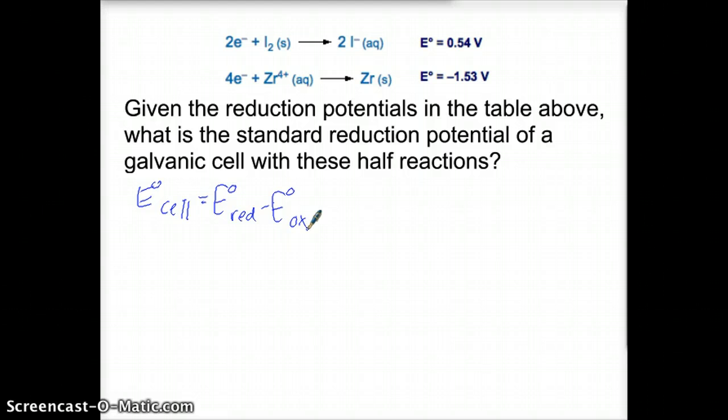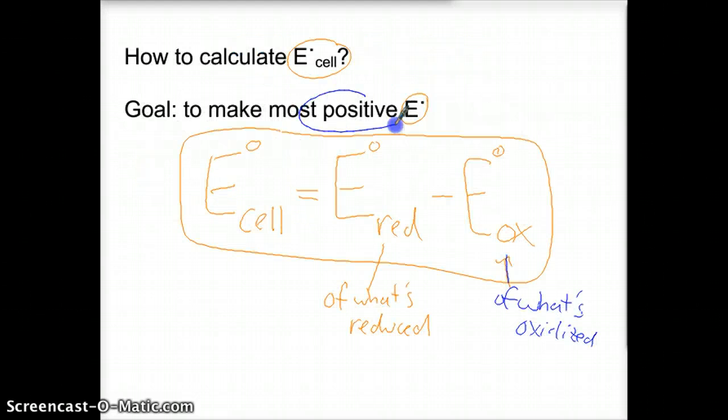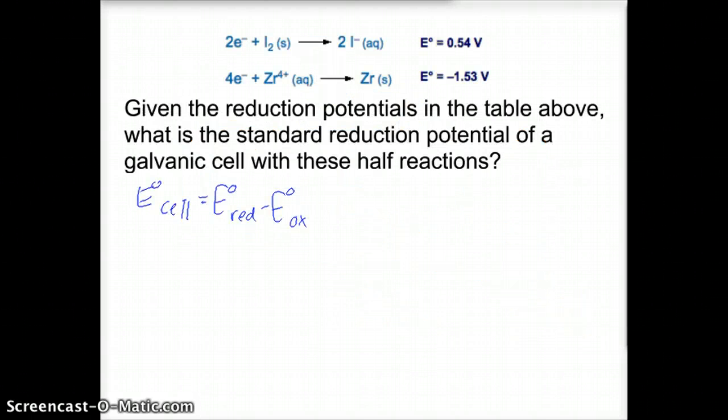So our goal, remember, is to make the greatest positive E naught cell. So, when these two numbers are brought together, okay, I can either have the iodine getting reduced and the zirconium getting oxidized, or I could have it backwards.